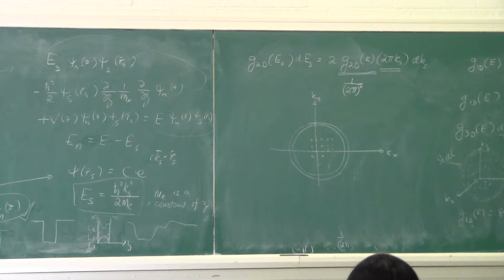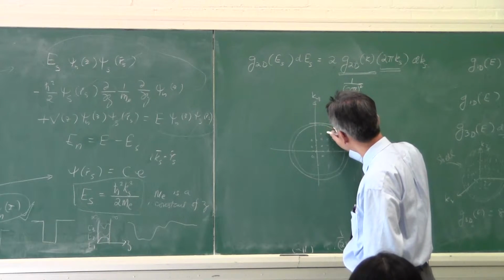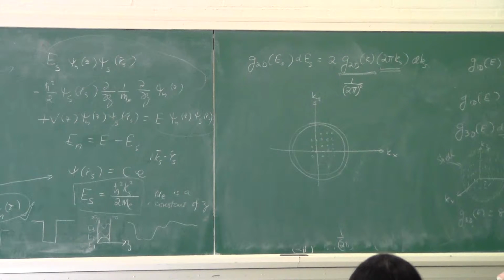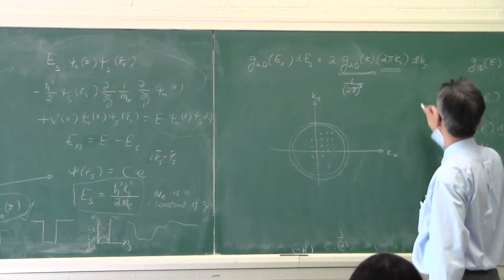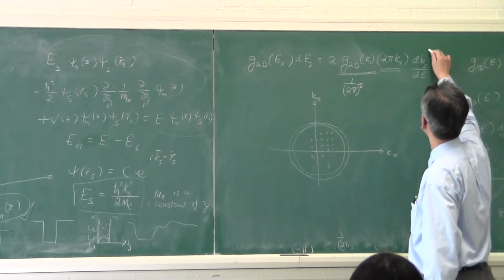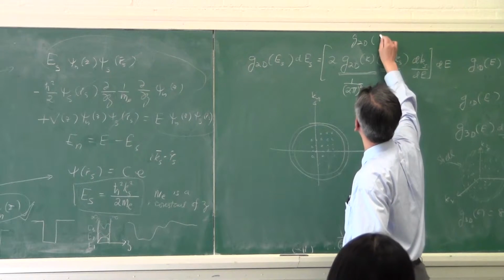And then we have to multiply by a factor of 2 to take into account that every state can emit 2 electrons, spin up and spin down. And then we multiply by dE to get the density of states.